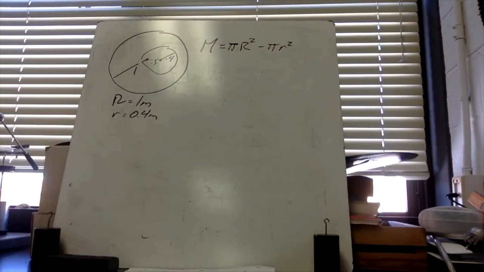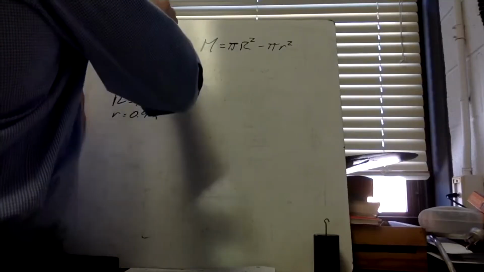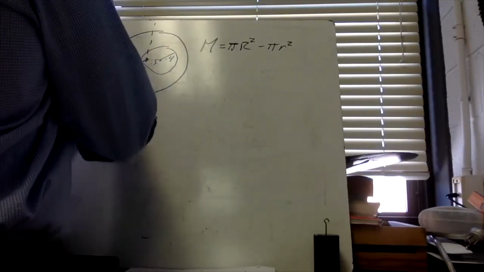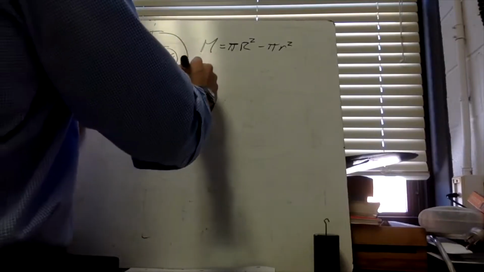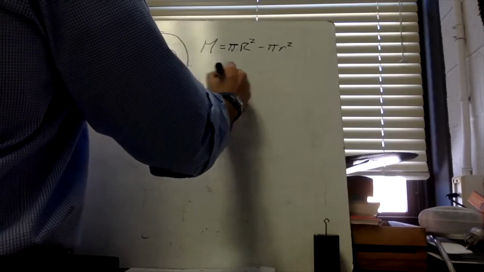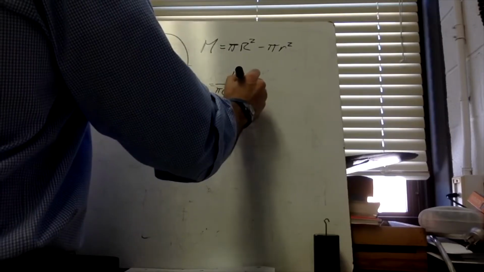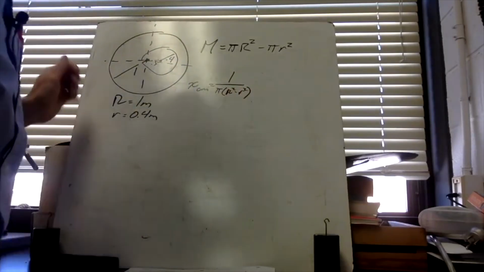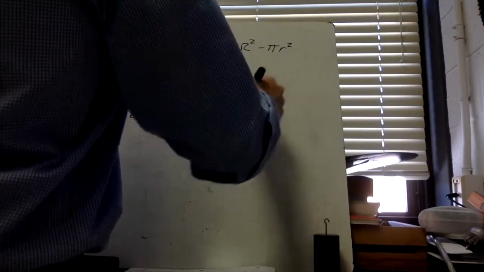All right. And so when I write my equation here, what I'll do is I'll make the coordinate axis right here. So the origin is the center of the big circle. So the x center of mass is going to be 1 over pi big R squared minus little r squared. And then I'm just plugging in these distances.